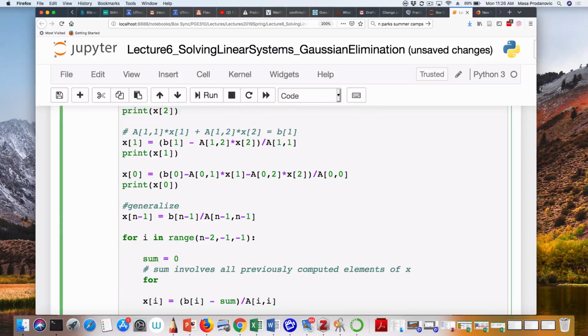So it's going to be a for loop. I'm going to call it a j in range. Now I have to figure out the range. So if I am at ith x that I'm trying to compute, all of the previous, since I went backwards, all of the previous ones are I plus 1, I plus 2, all the way to n minus 1.